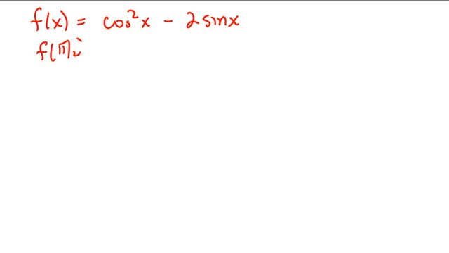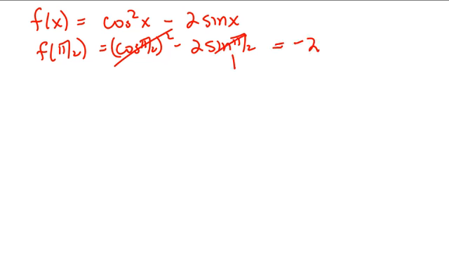For that, I'm going to go back to my original function, which is cosine squared x minus 2 sine x, and figure out what happens at pi over 2. So cosine of pi over 2 squared minus 2 sine of pi over 2. Cosine of pi over 2 is 0. Sine of pi over 2 is 1. So it's -2. So the min value is at pi over 2, -2.